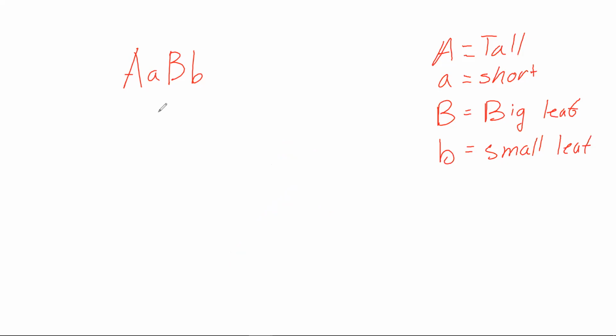So I need to determine what types of gametes I'm going to produce. In order to do that, you do the FOIL method. What kinds of gametes am I going to produce? I do A times B, so that's AB. I do capital A lowercase b.